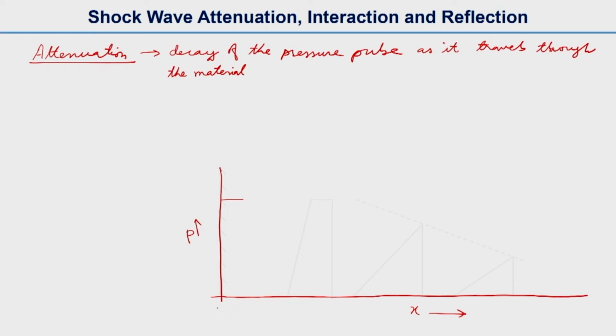Suppose x equal to 0; you can assume that at that point x equal to 0 is the impact interface. Initially the shock pulse will look like this. This is the maximum pressure, the peak pressure. I can write Pm as the peak pressure.